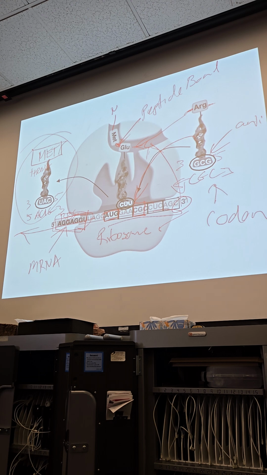What other molecules are held together with these same type of bonds? So with RBS.